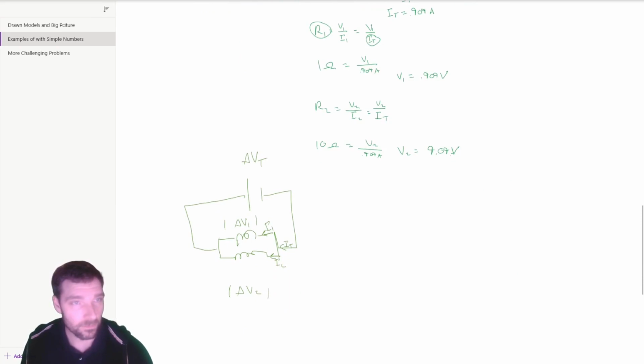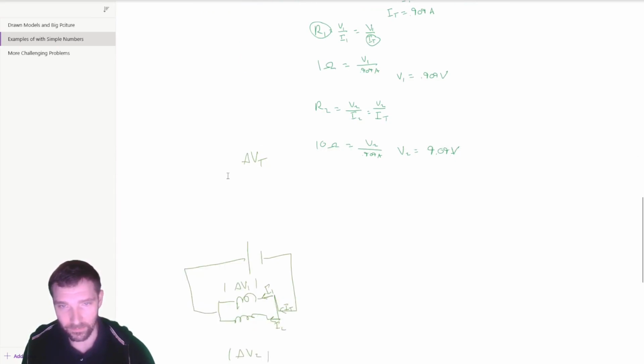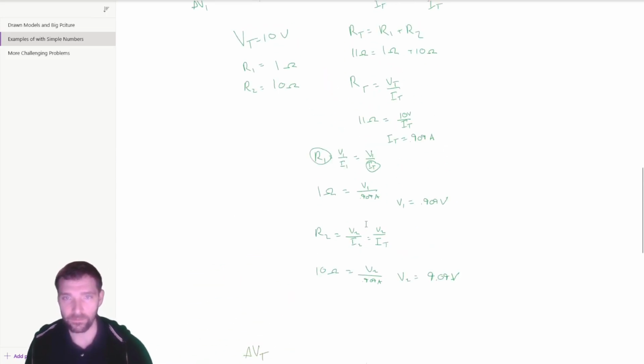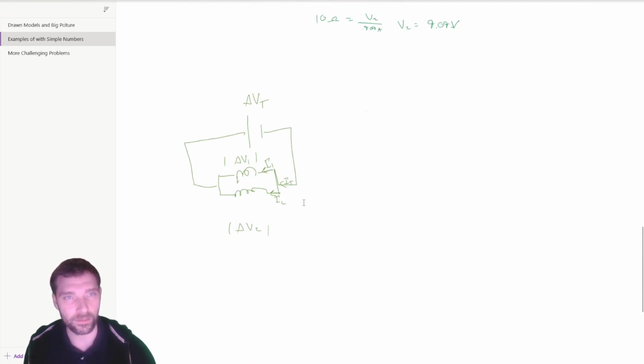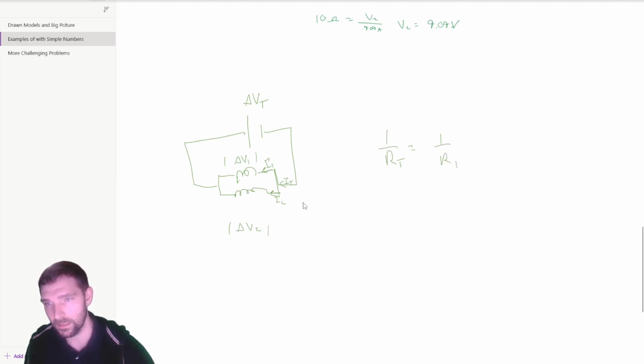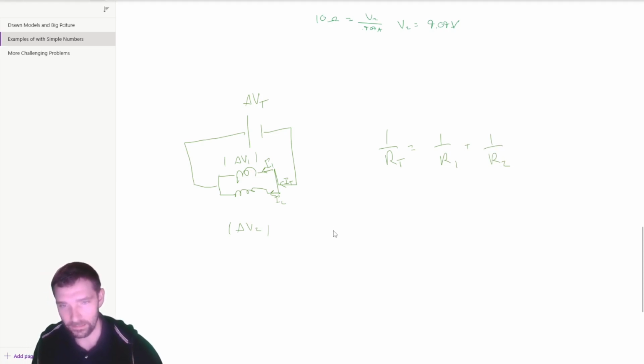And you can imagine that we can do this also for this last one here, but we have to be careful because we're going to have the inverse. So we've got the same sort of stuff here, but now the relationship is going to be 1 over RT is equal to 1 over R1 plus 1 over R2. And so if we want to figure out its new resistance, we have to plug in these numbers.